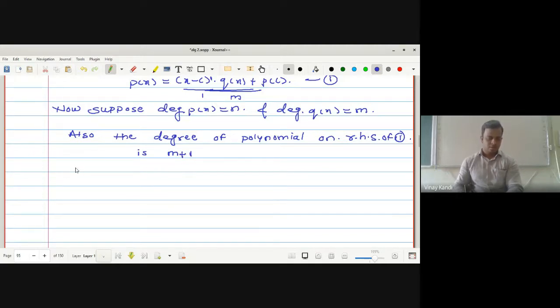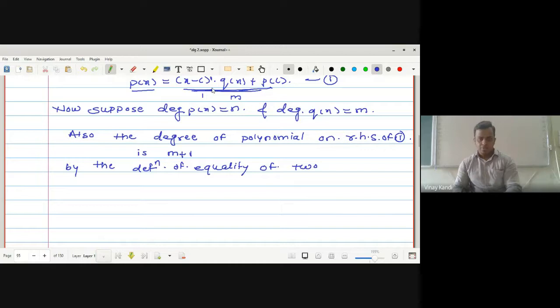By the definition of equality of two polynomials, these two polynomials are equal, hence the degree of the left hand side and right hand side must be equal.